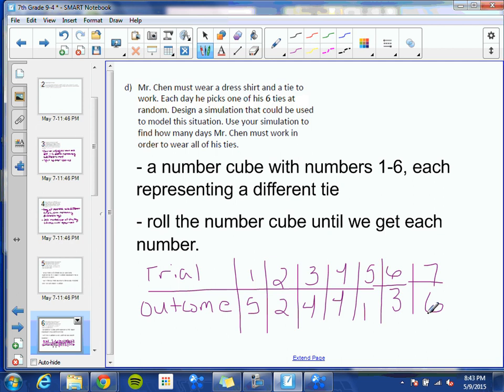Okay, so it took us 7 trials. Now each time you run this simulation, your answer may be different.